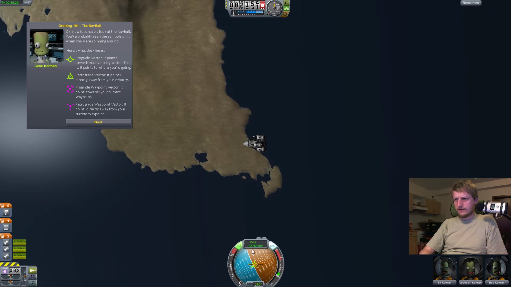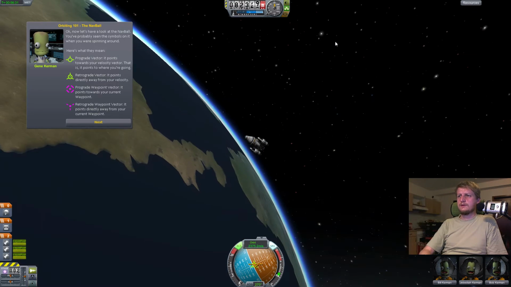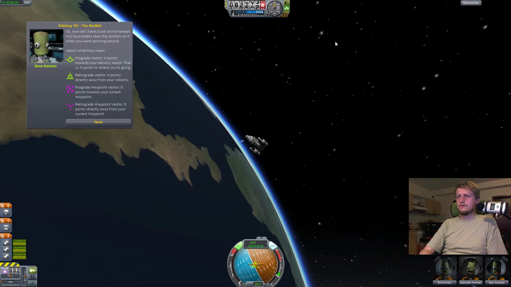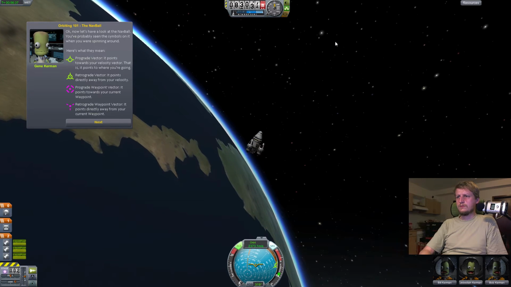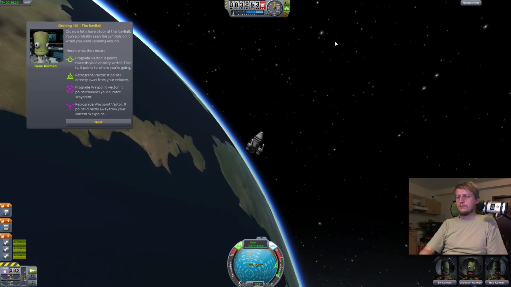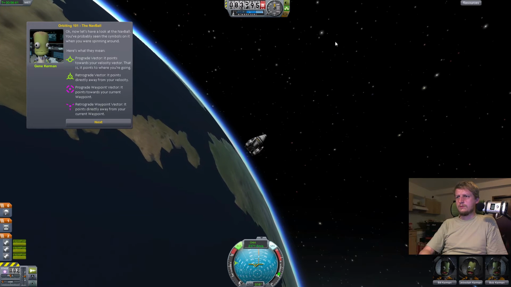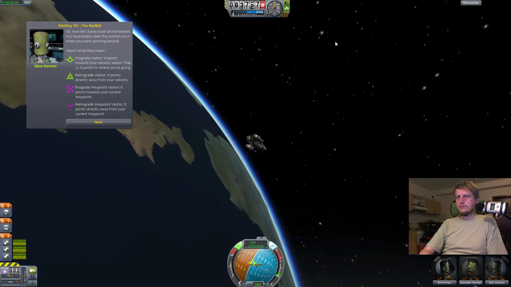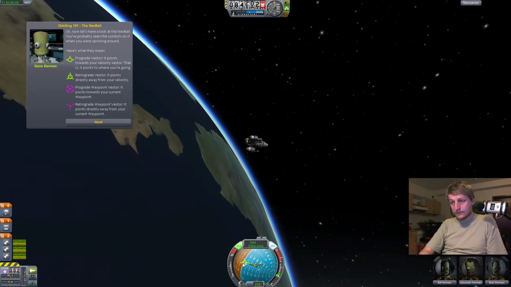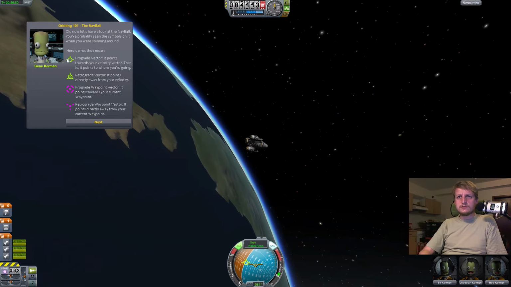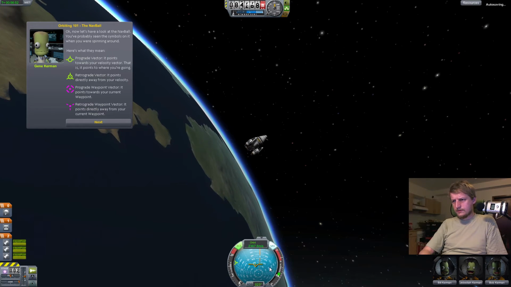I should be flying directly towards the equator if it's... Except that this is yellow and this is green and this is also yellow.